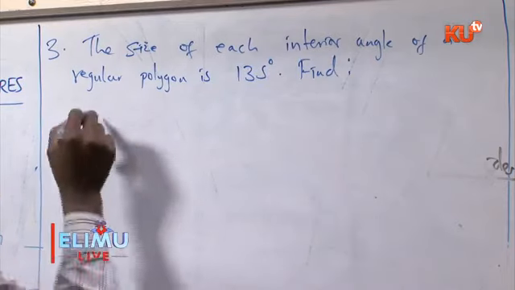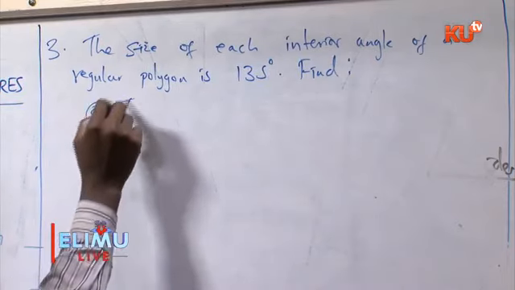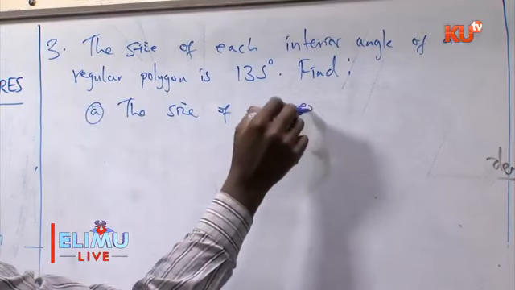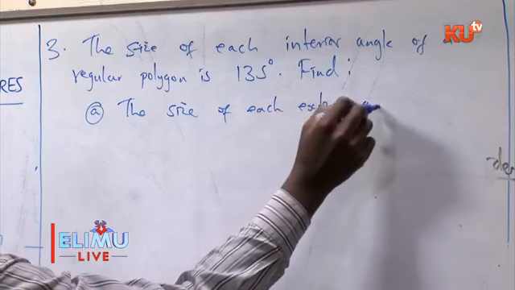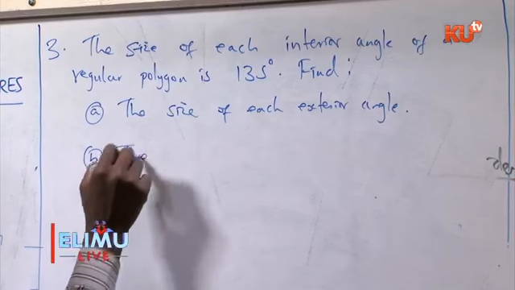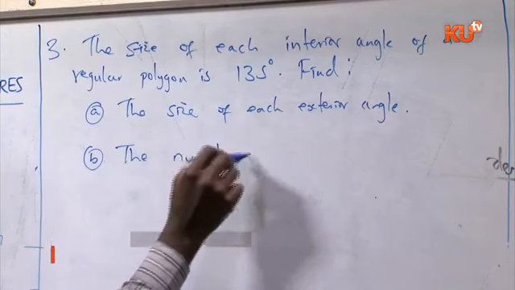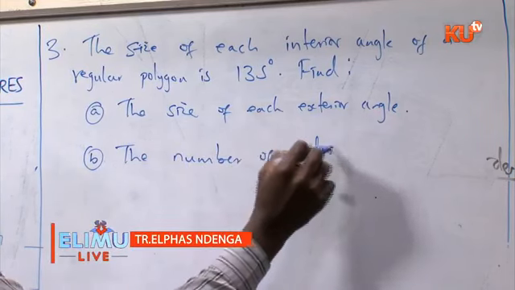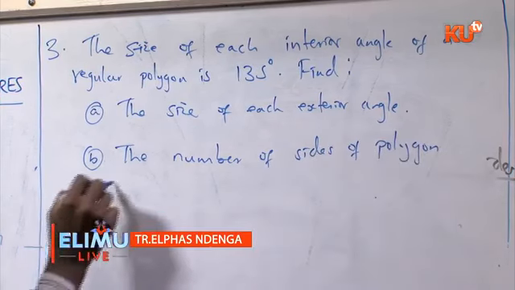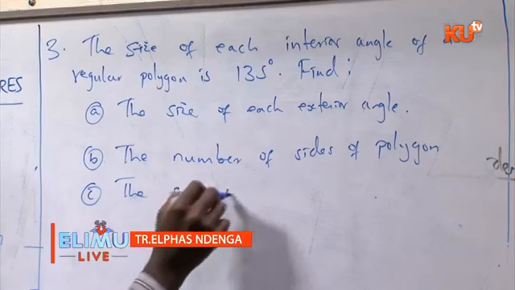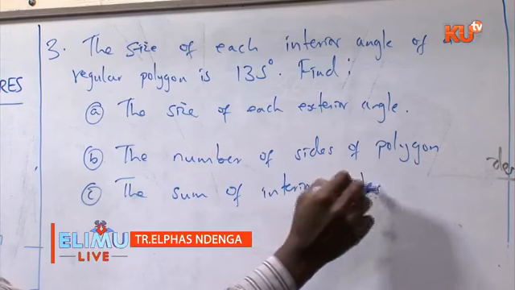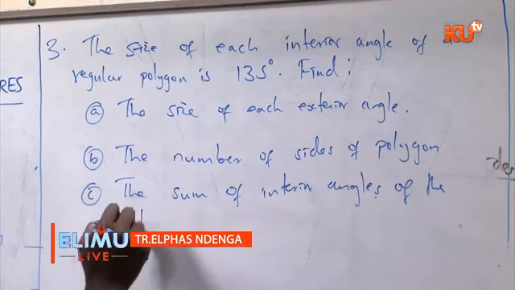Find, part A, the size of each exterior angle. Part B, determine the number of sides of the polygon. And lastly, part C, the sum of interior angles of the polygon.